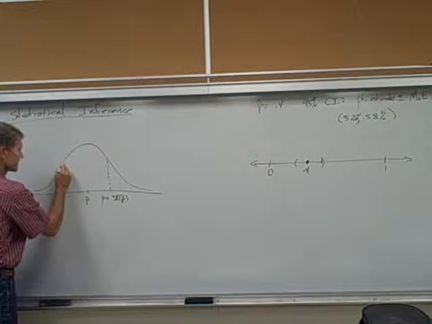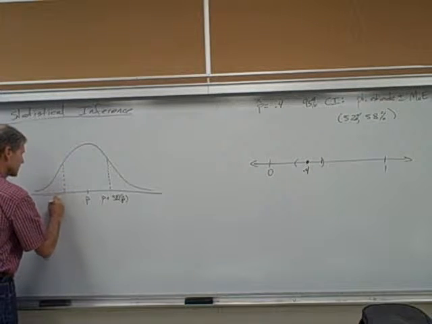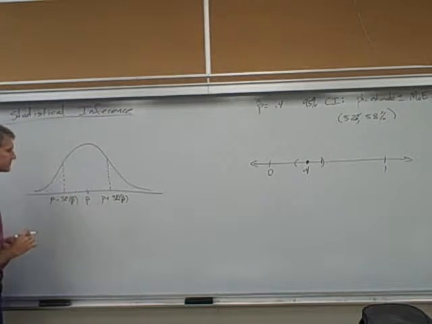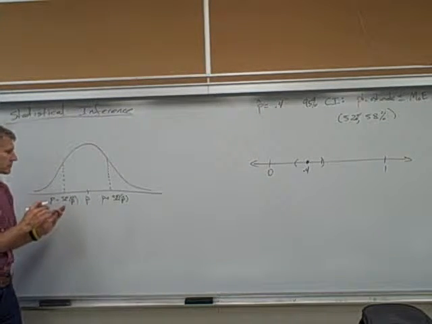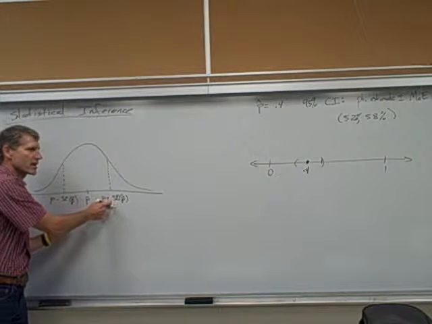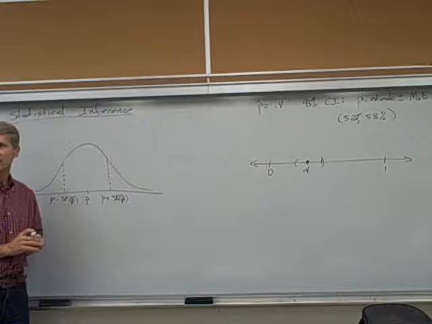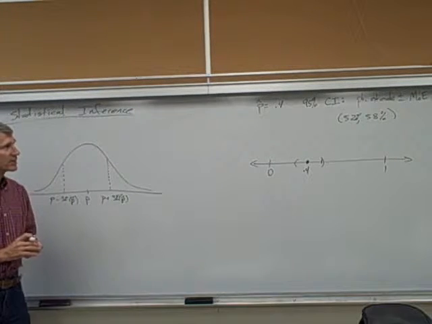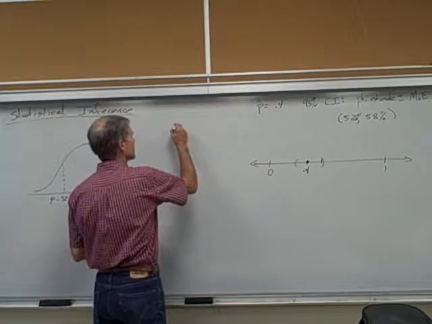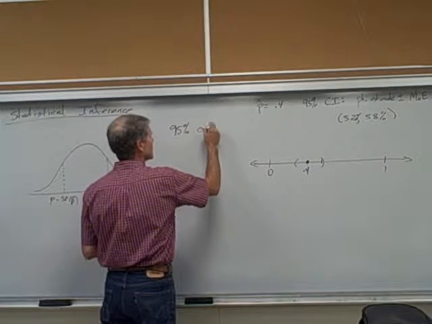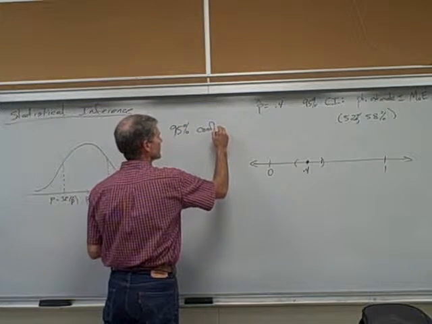And then halfway down the hill on the other side is P minus standard error of P hat, right? So how many standard errors do I need to go to get 95%? 2 standard errors. So this margin of error for 95% confidence, and we call that the confidence level.